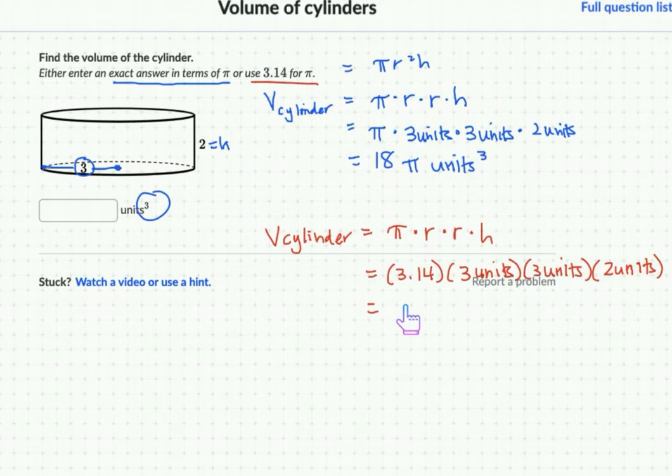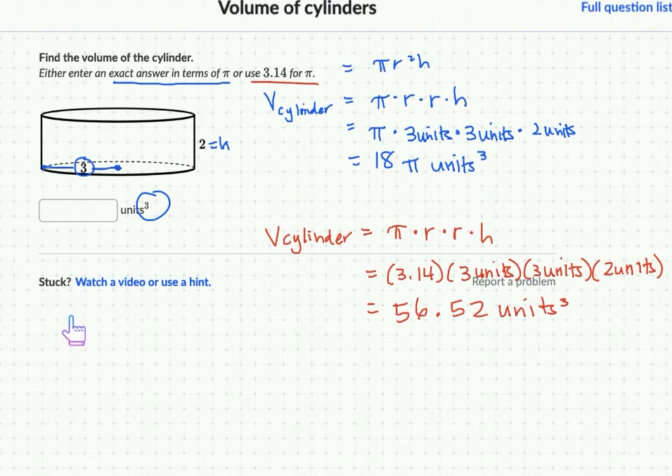So now we're going to do 3.14 times 3 times 3 times 2 in my calculator. That's basically going to be 18 times 3.14. So I get 56.52, and I have 3 of those units, so it's units, oops, not squared, there's 3 of them, so it's cubed.